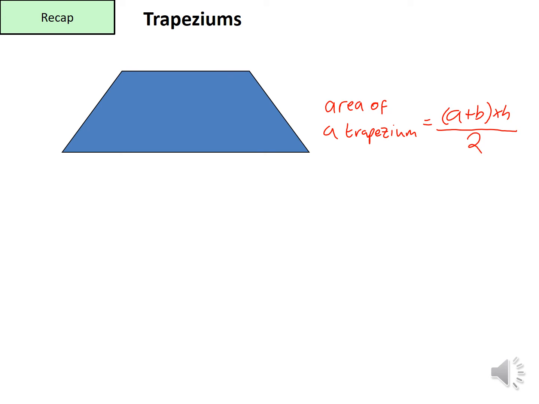You may be wondering what is A and B. I'm going to show you how to do that now. So first things first, these are our 2 parallel lines. Parallel lines are 2 lines which do not meet. They are opposite each other as well. Now A is going to be the top one and B is going to be the bottom one.